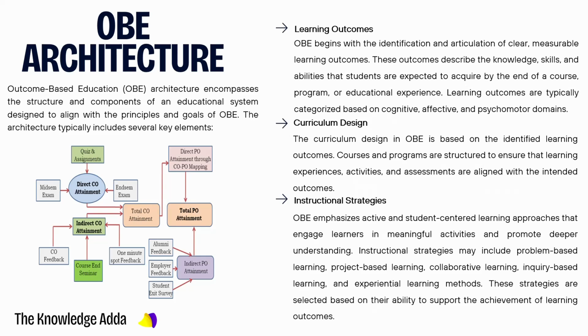Curriculum design we have already discussed; it plays a very major role in how your curriculum is going to be defined, that is, whether it is based on outcome-based education or not. And instructional strategy: outcome-based education emphasizes active and student-centered learning approaches that engage learners in meaningful activities and promote deeper understanding.